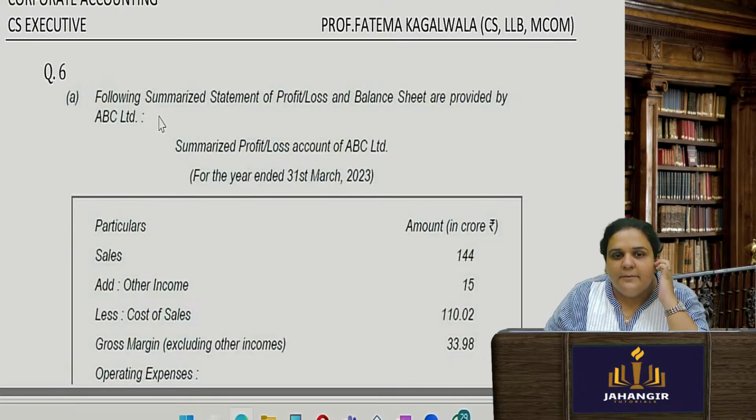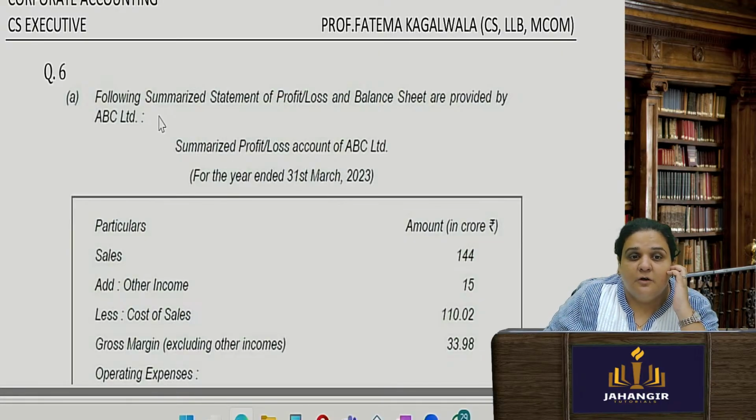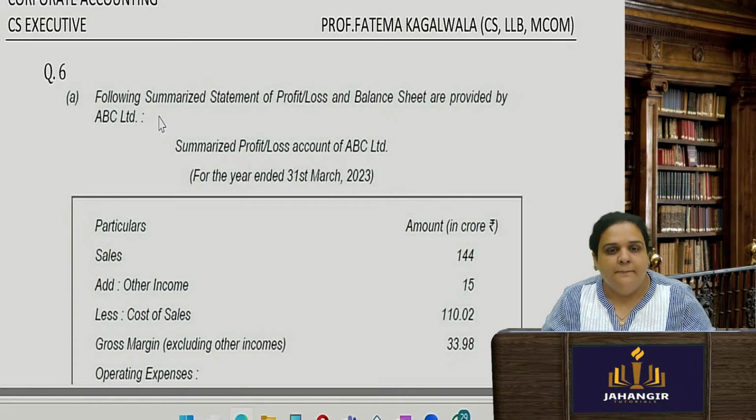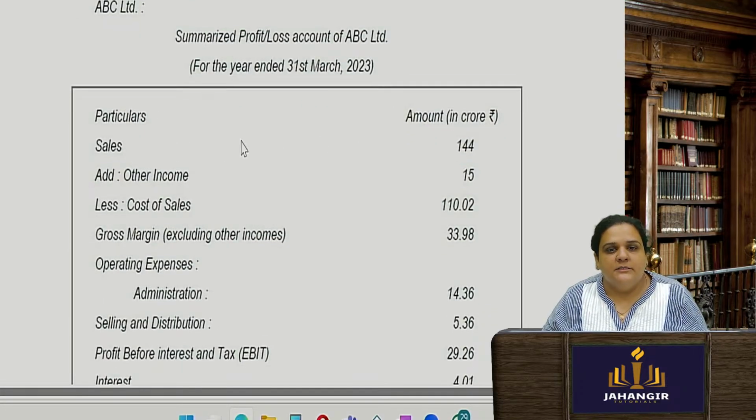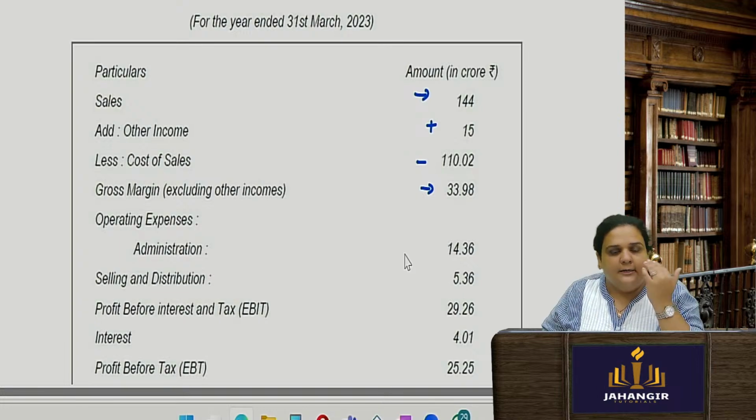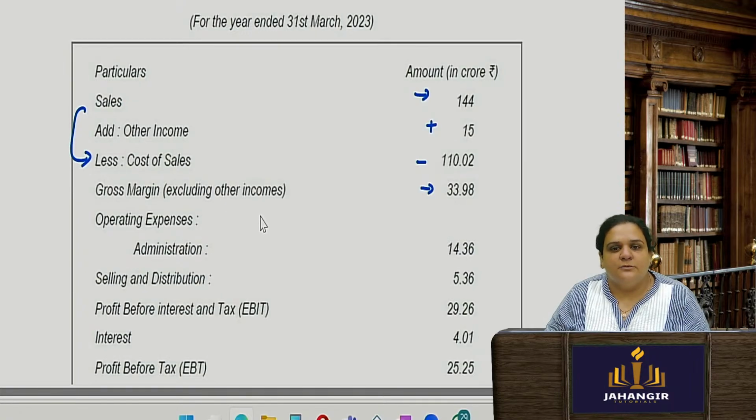Okay, the following summarized P&L statement and balance sheet is given of ABC for the year ended 31st of March. Amount in crores: sales, add back other income, less cost of sales, you get gross profit margin excluding other incomes. So sales minus cost of sales, they have taken as gross profit.